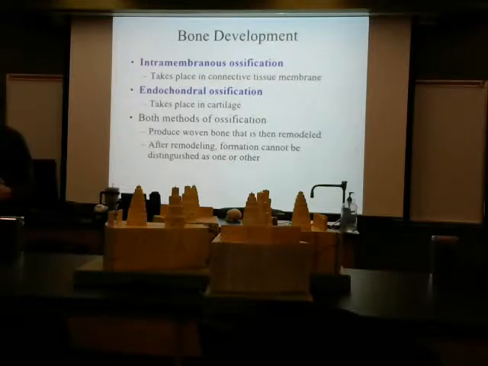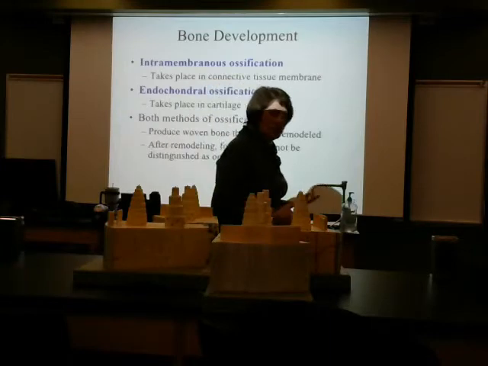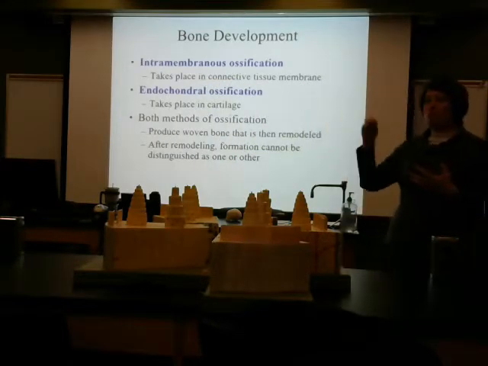So, what begins to happen? The collagen fibers weave. And when it does that, it's very random. A lot of it has not taken on any type of shape at that point, and therefore we refer to it as woven.